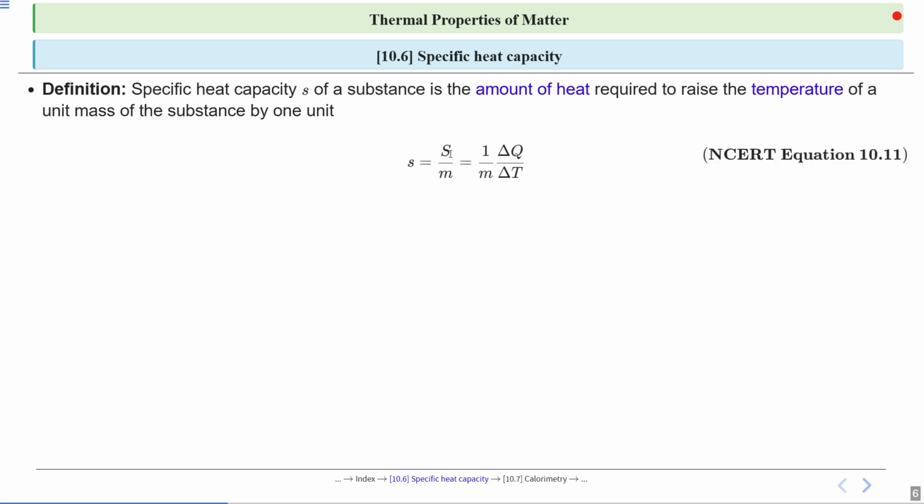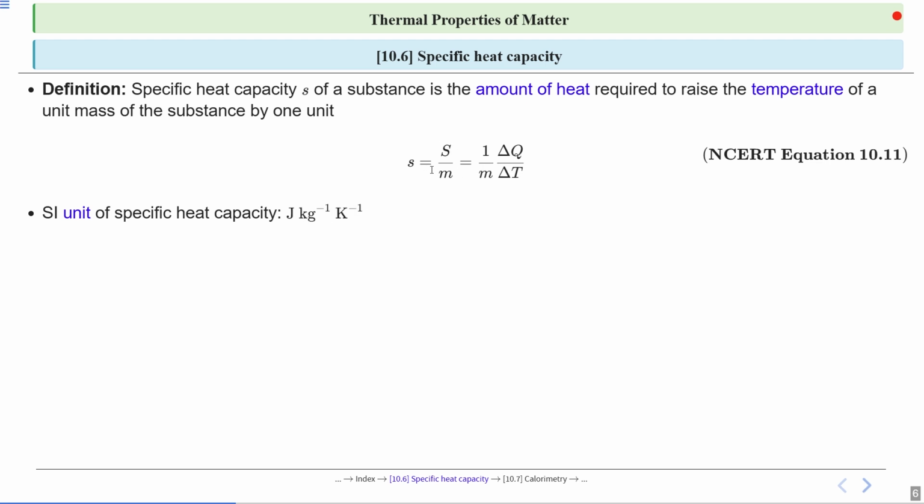It means small s is equal to capital S divided by m, so s is equal to 1 by m into delta Q divided by delta T. The SI unit of specific heat capacity is joule per kg per Kelvin.